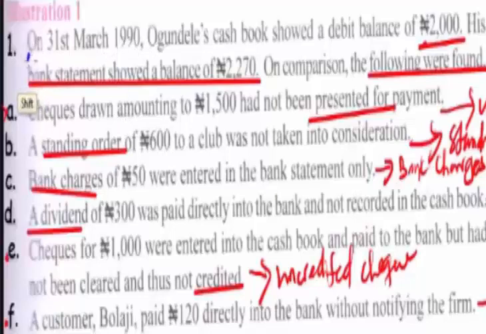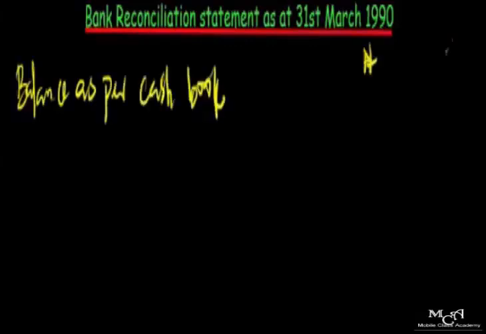Why are we using 1990? Because it was the date at which the bank reconciliation was prepared. We're starting with balance as per cash book. We have our two currency signs. Our balance as per cash book, as given by the question, is 2,000 naira. This will be on the extreme column.